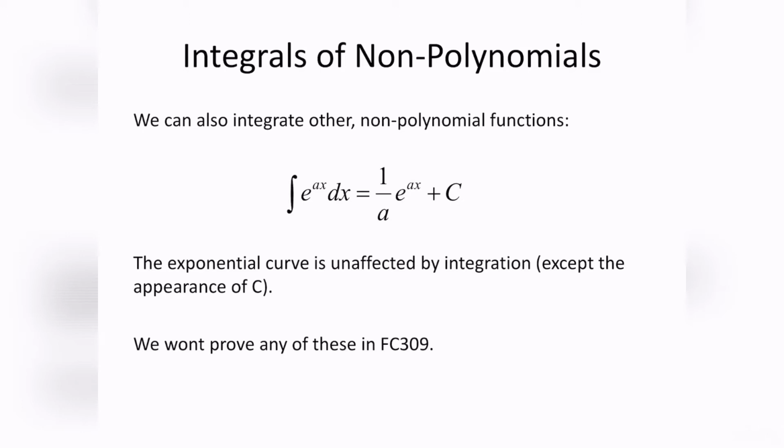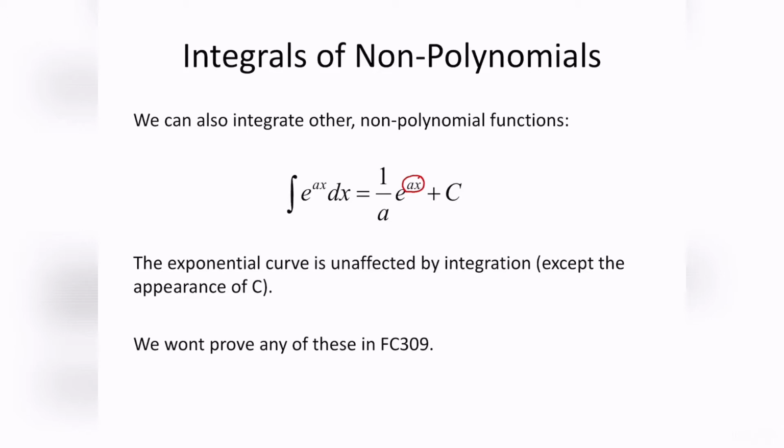The integration of the exponential function stays as it is, e to the power ax, and you just divide by the derivative of ax. That's why we have 1 over a here, and plus c, because this is indefinite integration, which means there are no limits for the integration. So we have to put plus c.